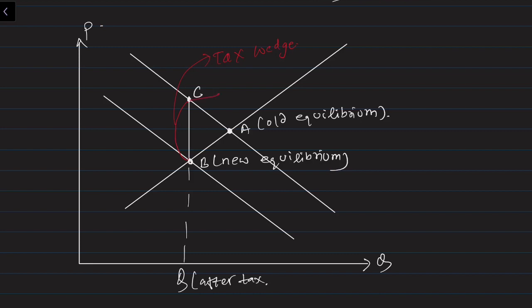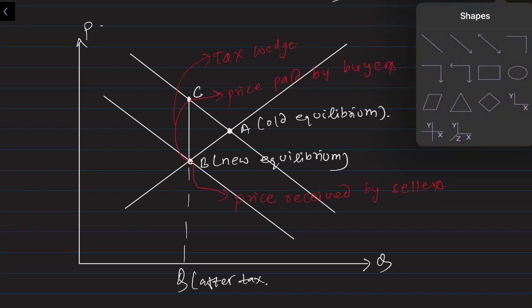So this is the price paid by buyers. What is the price received by sellers? So this is the price received by sellers. All right. Now, what is the tax burden on buyers?